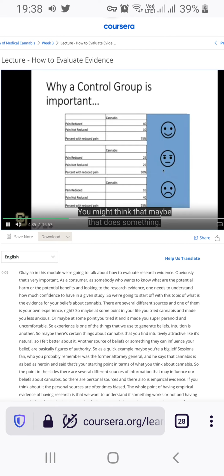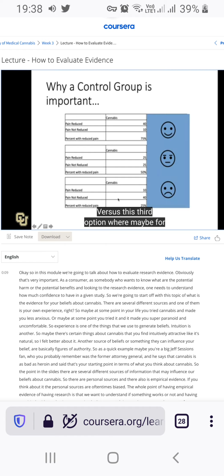Maybe that does something. Versus this third option where maybe for 10 people, pain was reduced, and for 40, it was not reduced. So only 25% are showing reduction in pain. And so that's not all that great, right? All of this is with no control group, a control group that got no cannabis, right?